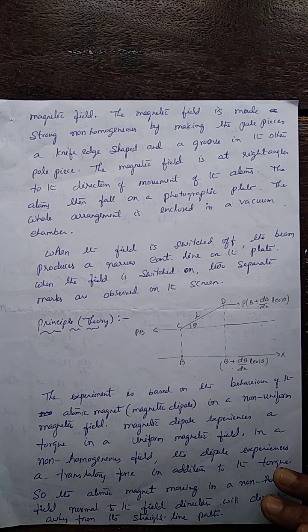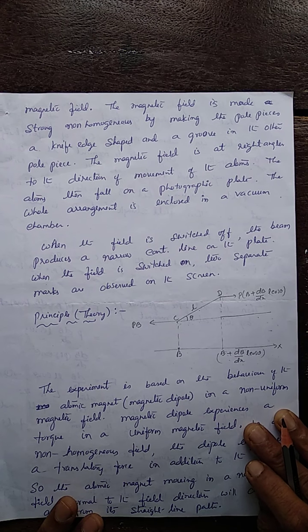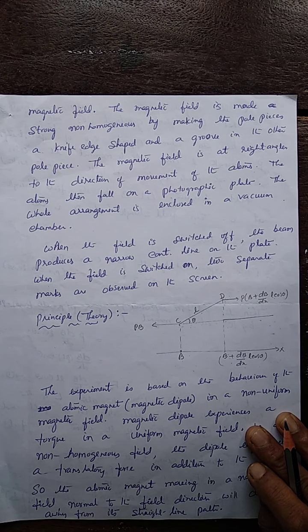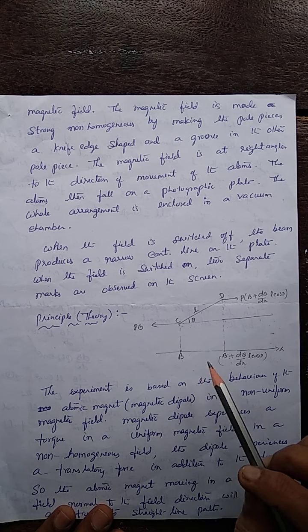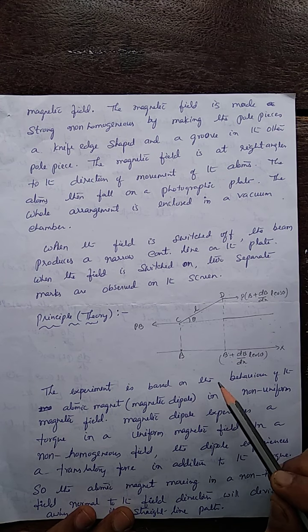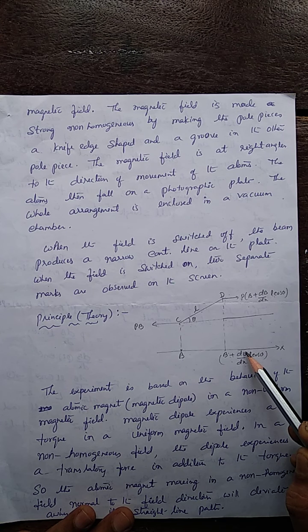So here, in this experiment, a non-homogeneous magnetic field was applied. So the atoms, the tiny magnets or magnetic dipoles, experienced torque as well as a translatory force. Let the field strength be varying at a rate of dB by dx.